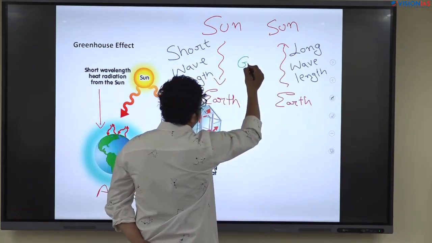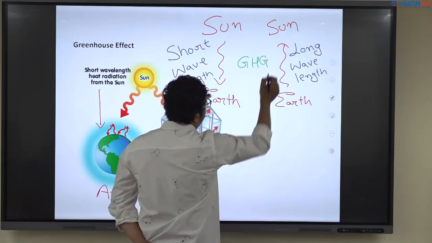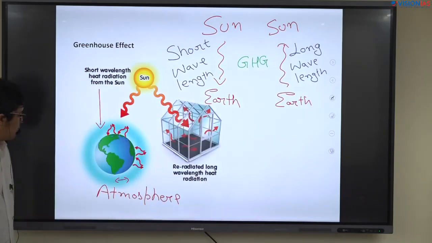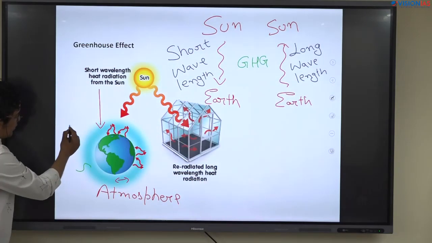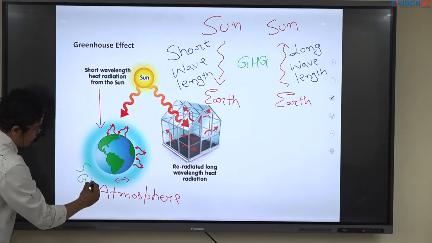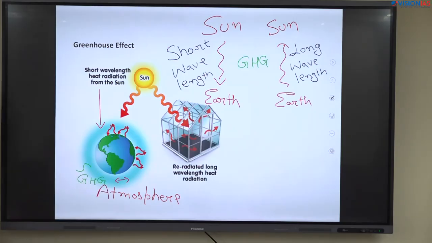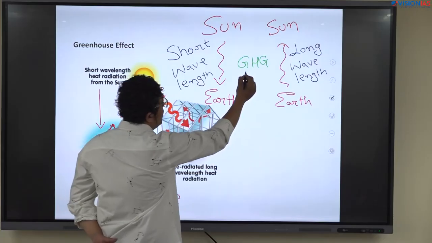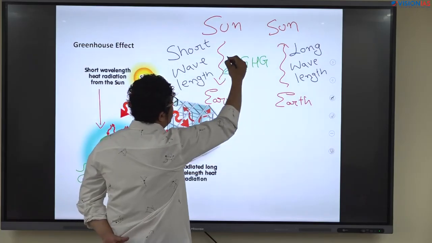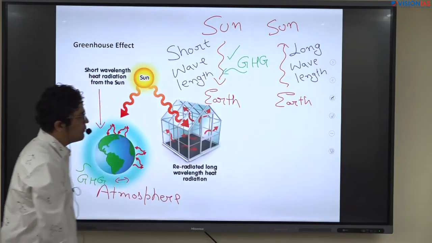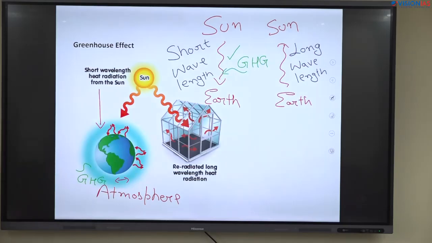Greenhouse gases are present in Earth's atmosphere, like carbon dioxide and water vapor. What do greenhouse gases do? They allow the radiation coming from the sun to pass. It enters Earth.